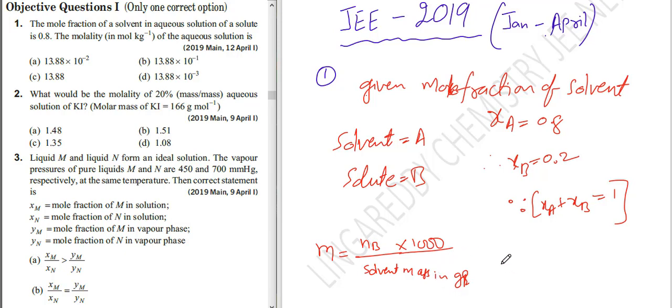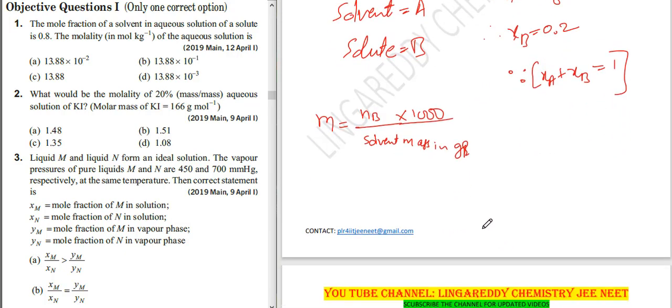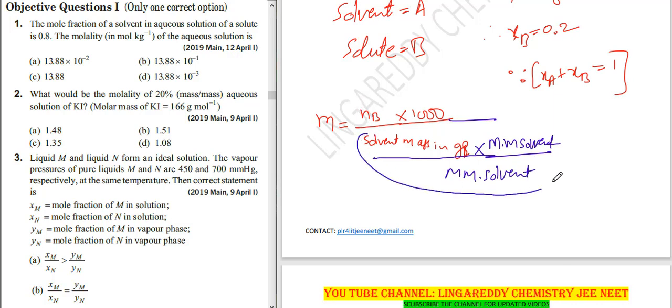So this formula I will modify, multiplying and dividing with the molecular mass of solvent. Then what will happen? This total becomes nA.